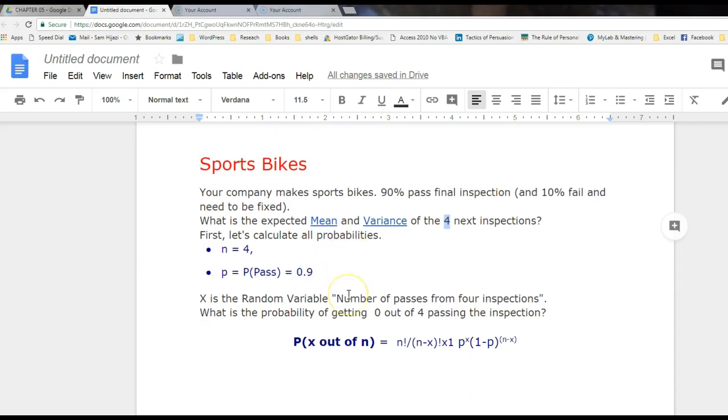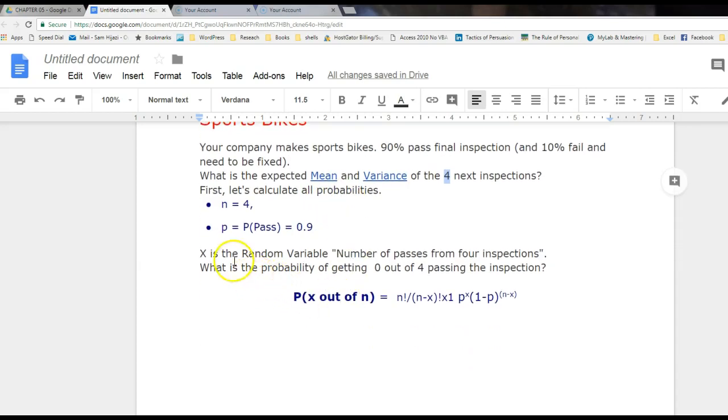Now we're going to look at the probability, where x is the random variable, the number of passes from 4 inspections. Why do we call it random? Because it could be 0, 1, 2, 3, or 4. It could be any combination of cumulative values. For example, we say greater than or equal to 2, or more than 2, or less than 3.